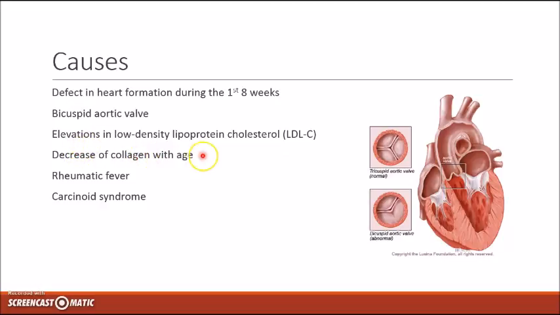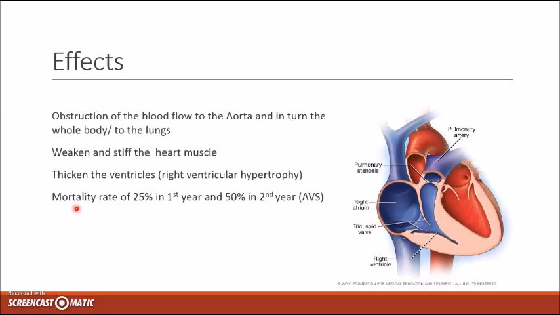Or a high LDL, or low density lipoprotein, cholesterol in the blood, which causes deposition on the valve, therefore leading to stenosis. As we said, decreased collagen due to age. Rheumatic fever can cause such a defect, and carcinoid syndrome.